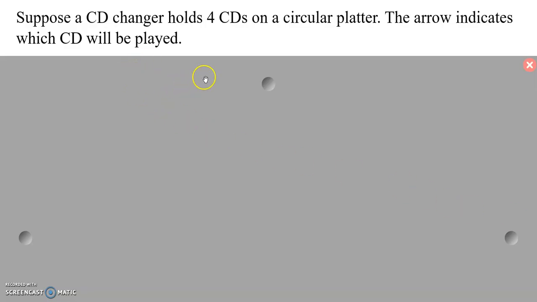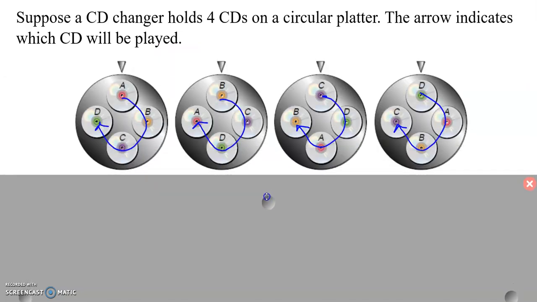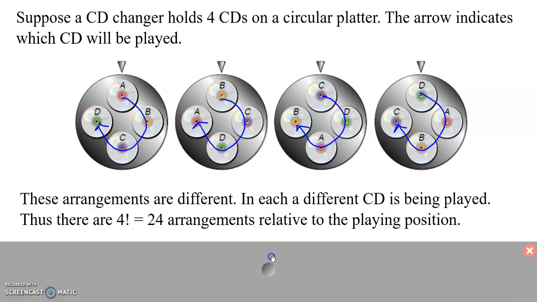All right, one other thing I want to mention about a circular permutation is take a look at this example. So there's a CD changer that has a tray that you put 4 CDs on. The arrow indicates which CD will be played. So you can see that they physically are arranged in a circle. How many ways can the CDs be arranged? Now this is actually different than the merry-go-round and the dancing in a circle because one of the positions in this circle is actually different than the rest.